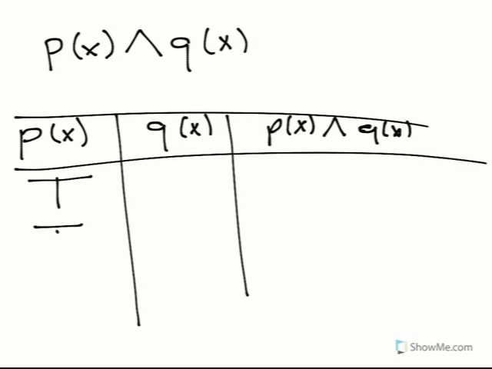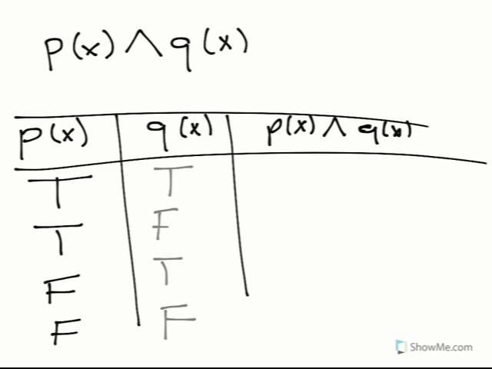Now we write true, true, false, false, and for each one we should have all the possible combinations. That is, a true with a true, a true with a false, a false with a true, a false with a false. Okay? Now we evaluate.